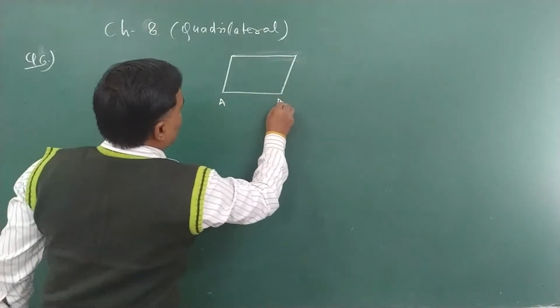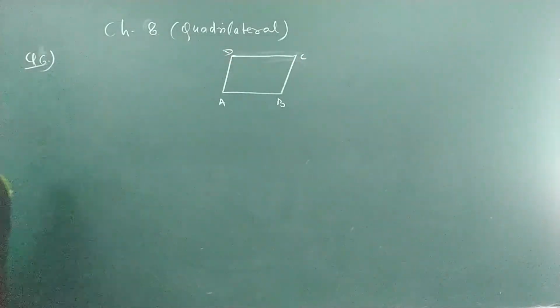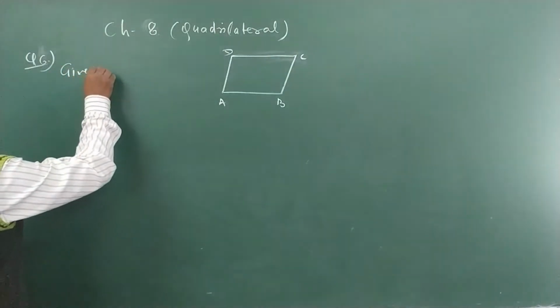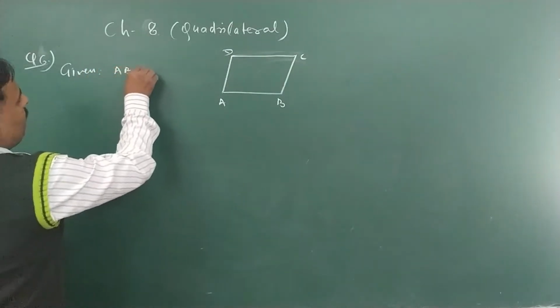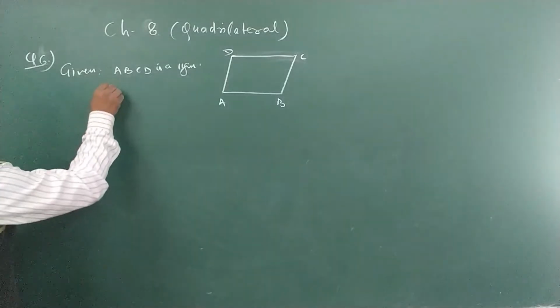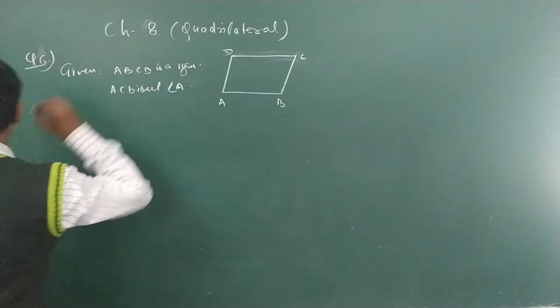A, B, C and D. The diagonal AC of a parallelogram ABCD bisects angle A. What is given? Given that ABCD is a parallelogram and AC bisects angle A.